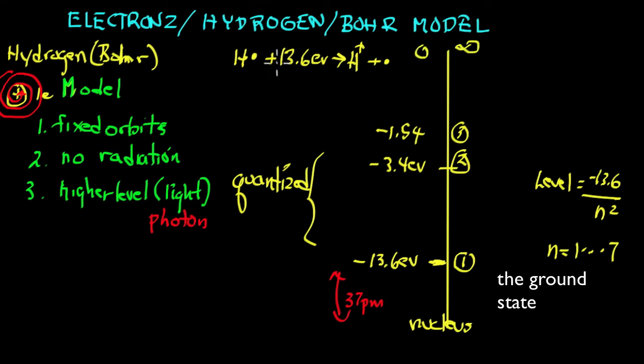This is the level of energy to remove that electron completely, to make it into a pure proton, a hydrogen ion. Okay? Now Bohr did this work at Cambridge University, but he also worked with Rutherford, who had moved to the University of Manchester in England. And Niels Bohr also worked in Los Alamos in the Manhattan Project in the United States.